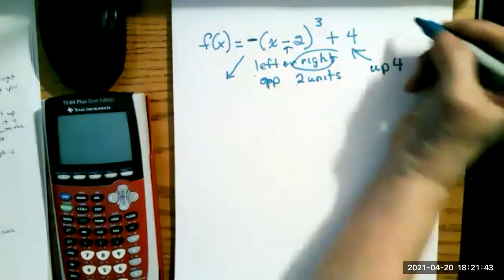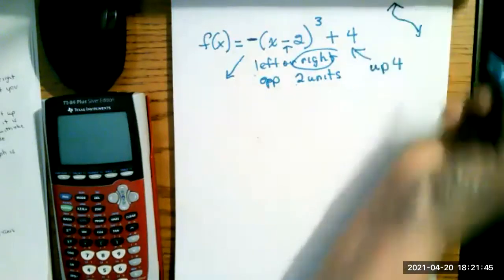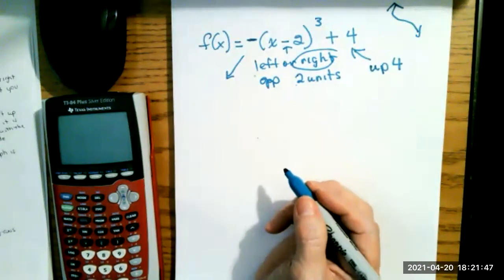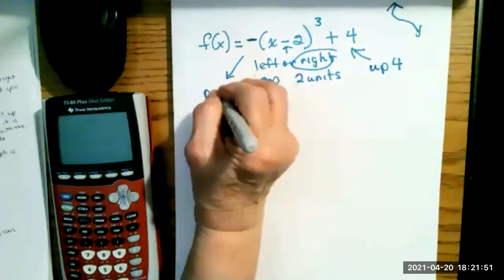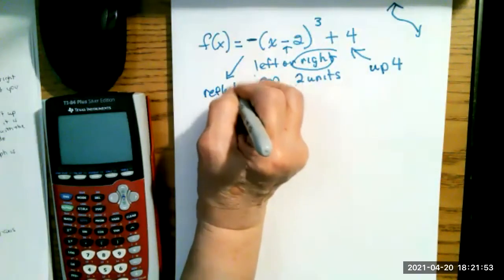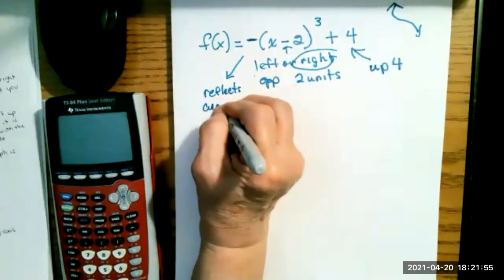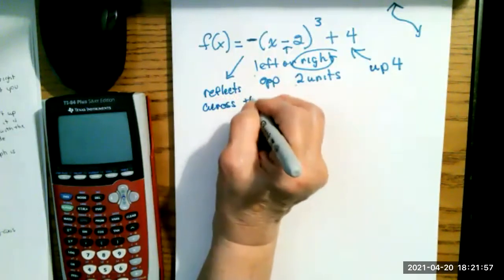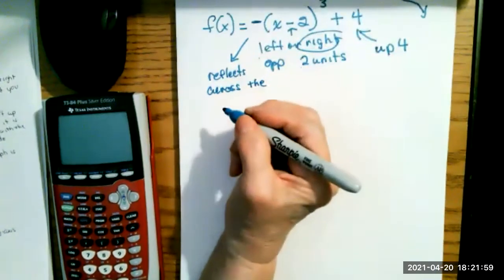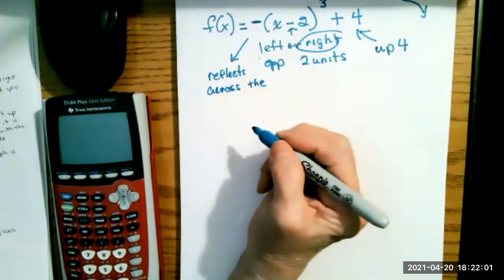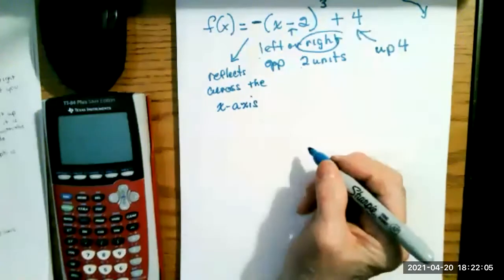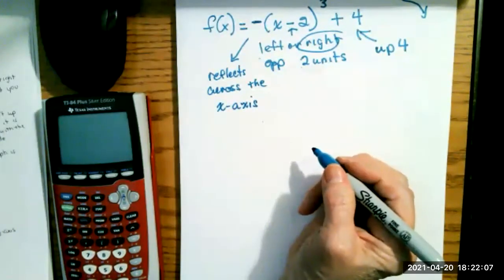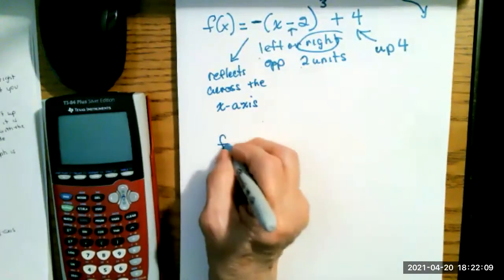It's going to make it go the other way. So what is it doing? It reflects across the x-axis. That's good.